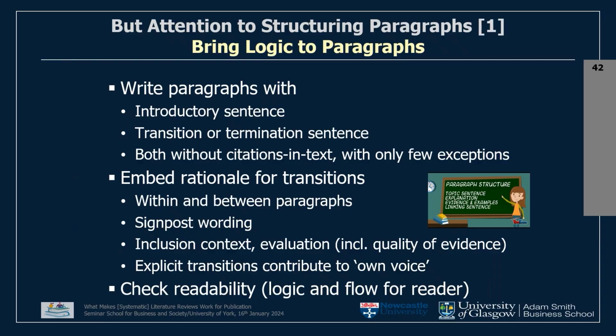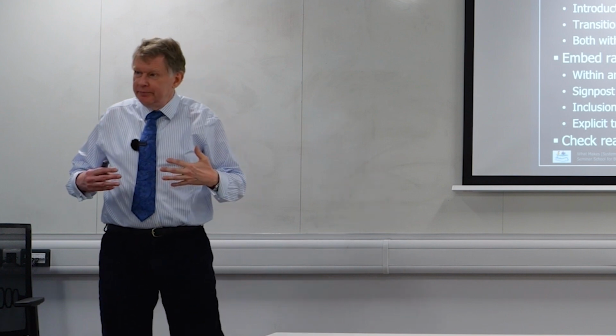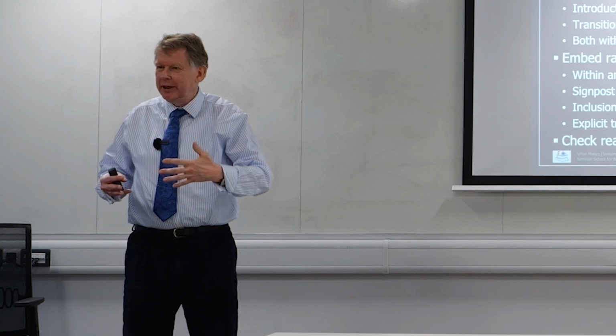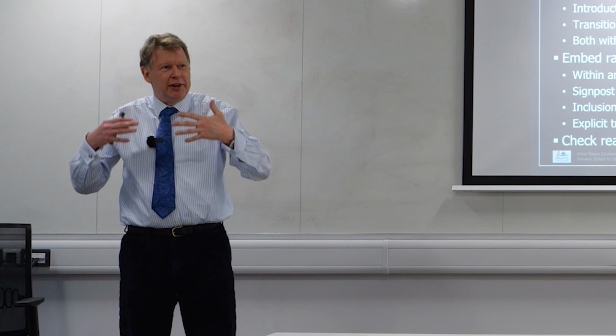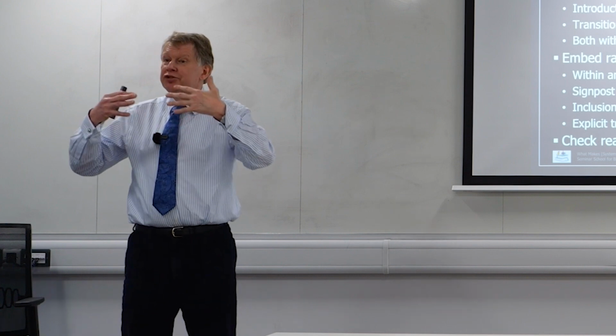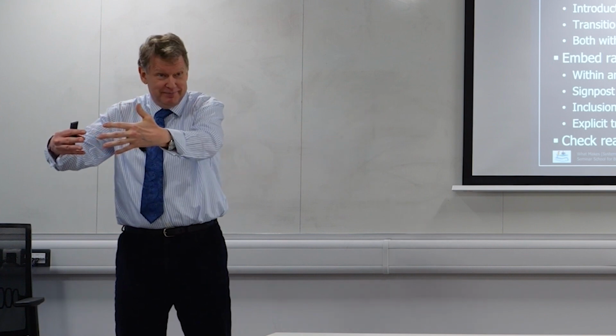So a paragraph starts with an introductory sentence. And the introductory sentence normally does not contain a citation in text. And it ends with a transition or termination sentence. It's not from the Terminator from Arnold Schwarzenegger. It is an ending of an argument, and the reader needs to know what you think they need to know.